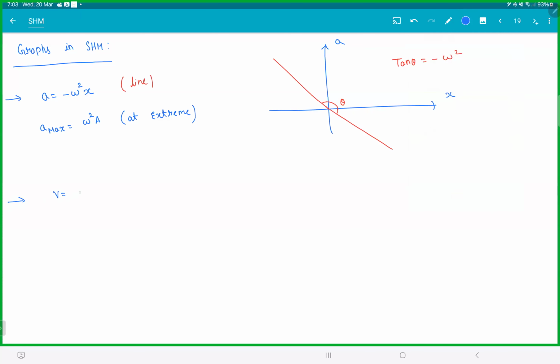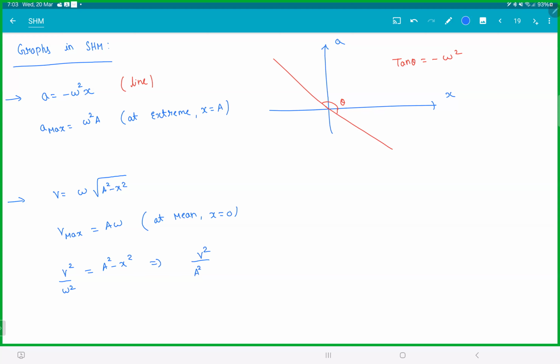If you take velocity, which is omega root over a square minus x square, V max is a omega. This occurs at mean position when x is 0. This is at extreme position when x is equal to a. So here we can simplify this. V square by omega square is equal to a square minus x square.